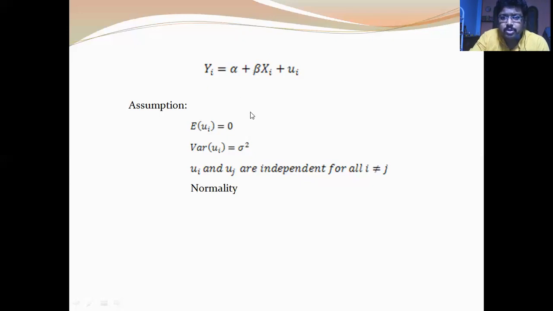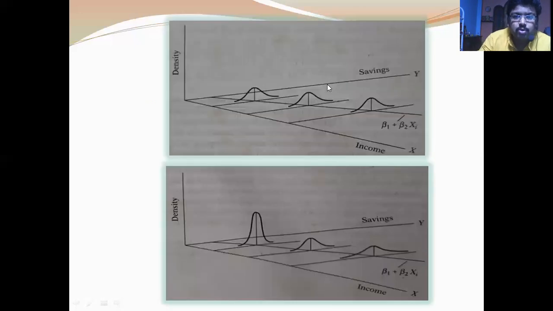If we have a pictorial representation, then we can understand what the u, the error, is. So look at this picture. This is the y-axis, along which we measure the savings, and this is the x-axis, along which we measure the income. Income is the independent variable, and savings is the dependent variable.